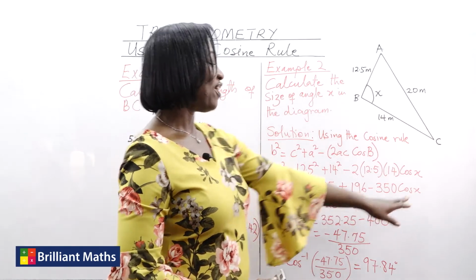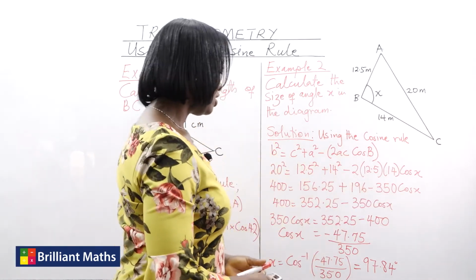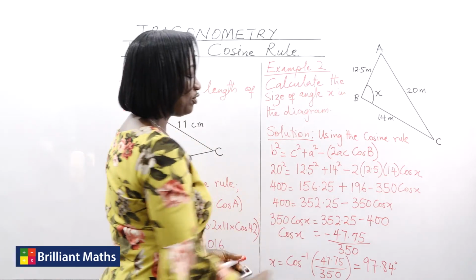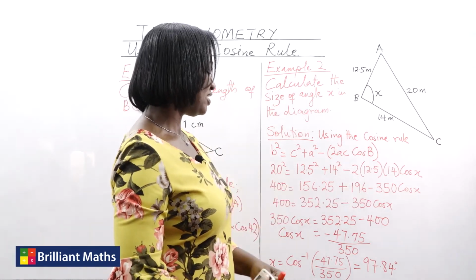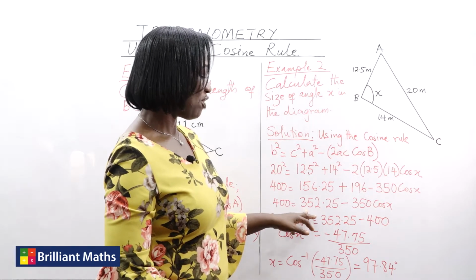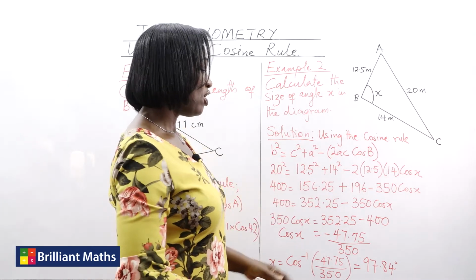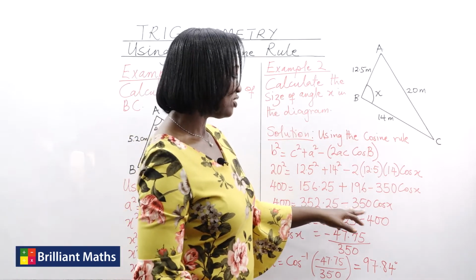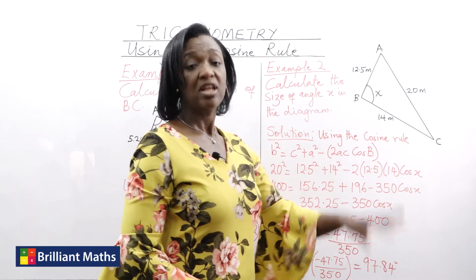But remember, we are finding the value of x. So when you simplify 156.25 plus 196, you'll get 352.25. The goal is to find x, so we have to make minus 350 cos x the subject.